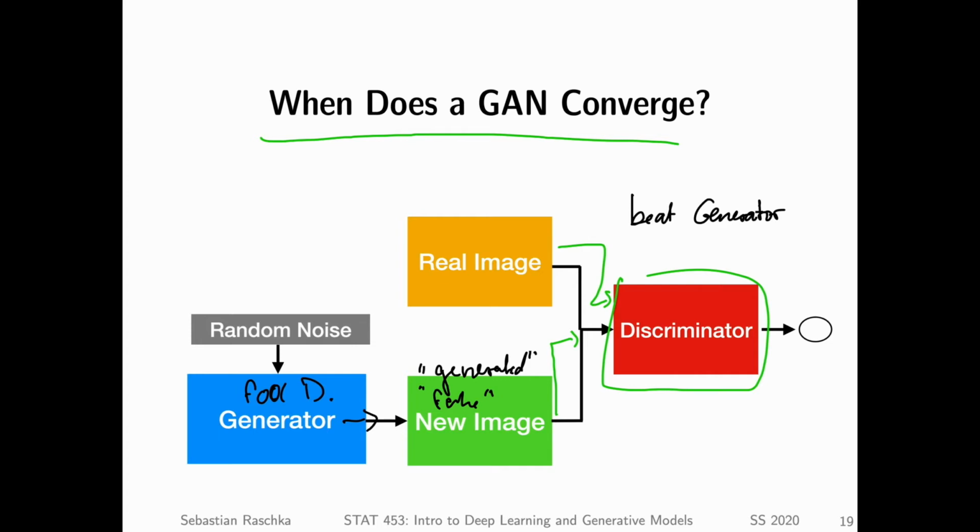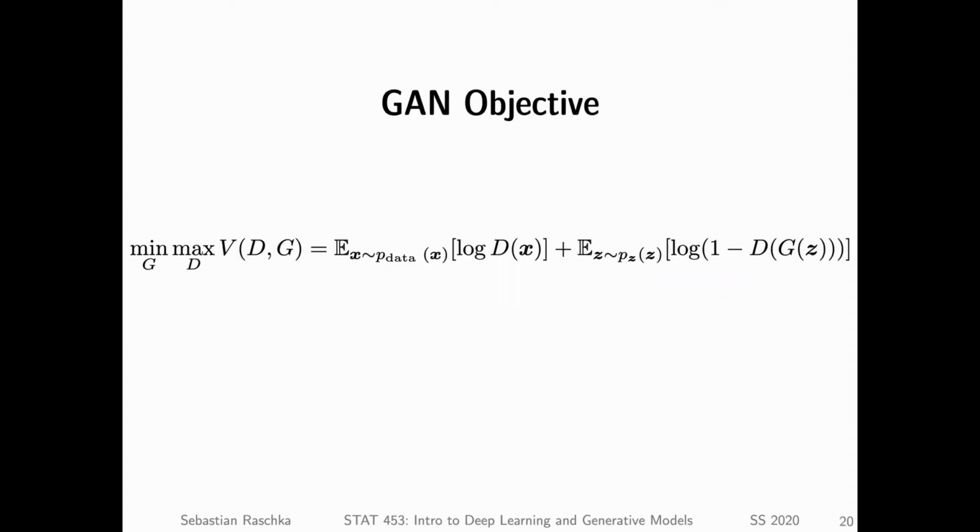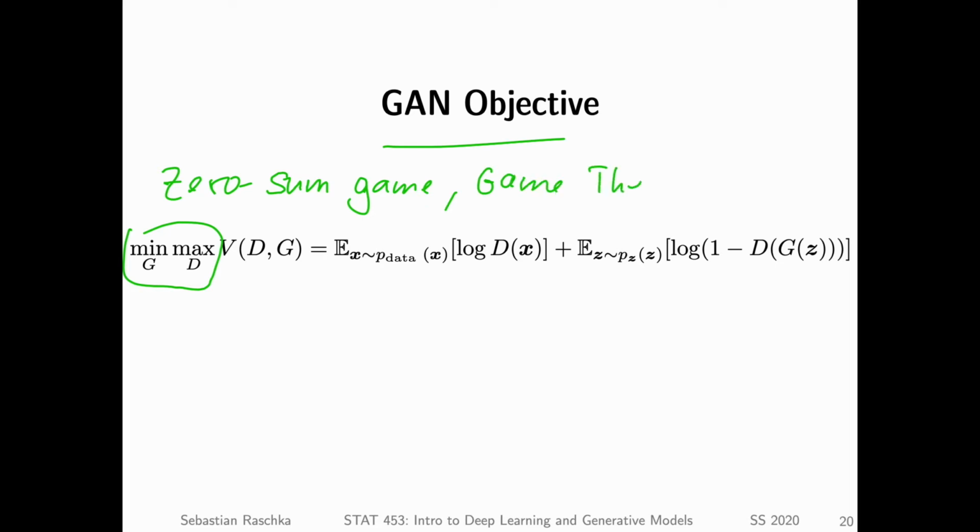So what does the loss function, the objective function, look like in the case of a GAN with these two objectives? Here is the GAN objective that we want to optimize. It is a so-called min-max game, also called a zero-sum game in the field of game theory.